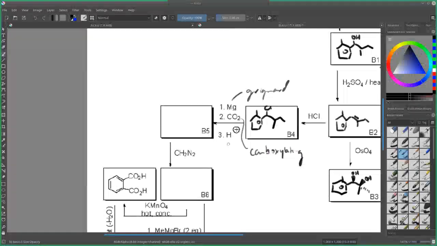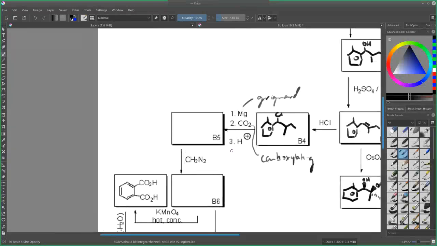And then the H plus is just turning it into a carboxylic acid. So maybe I have a whole bunch of space over here, so let me draw it out nice and big. So where that Cl was, we make a Grignard and then we add a CO2. So there we go. We've added that onto there.